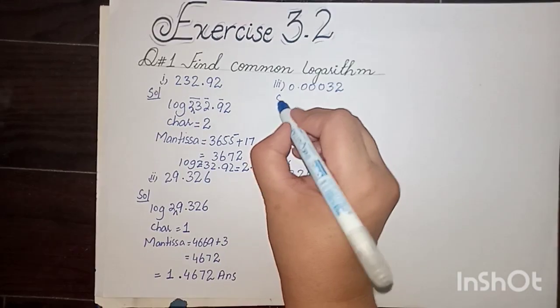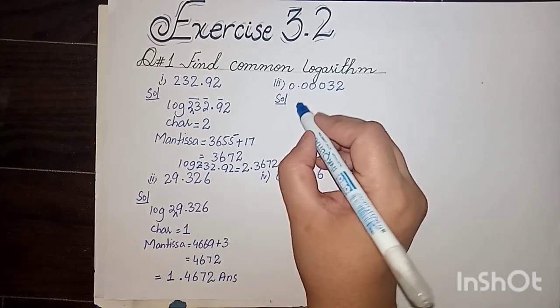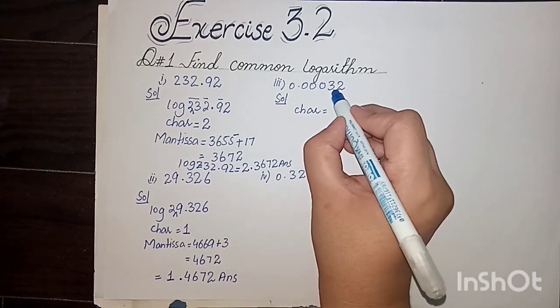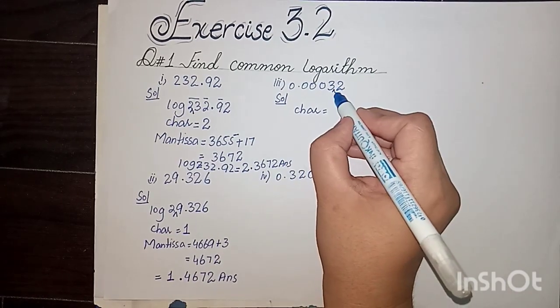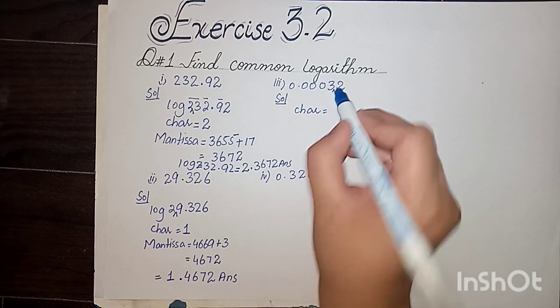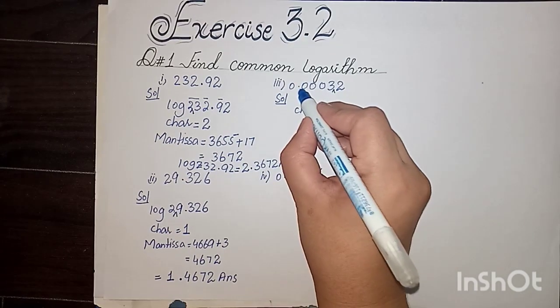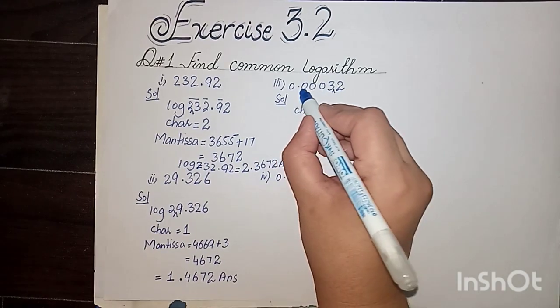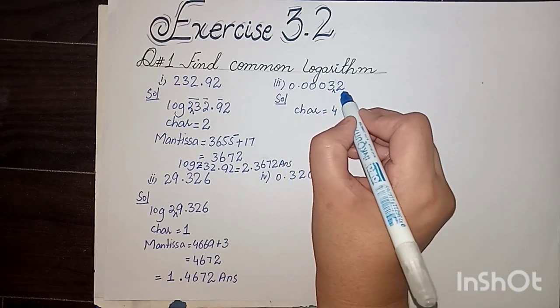Same as this, first of all I will find the characteristic. After the first non-zero digit I will draw the reference point, and between the reference point and decimal point there are 4 numbers. You also see that this is 0.00032.